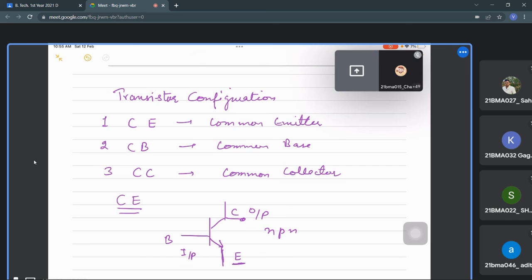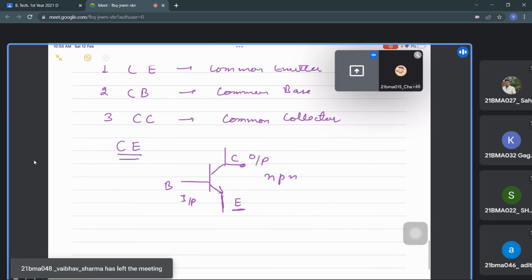Right? And if base is common to input and output, it is means हम तीनों को किसी भी तरह से ले सकते हैं. But the thing is because it is asymmetrical device, so functioning will definitely going to change.